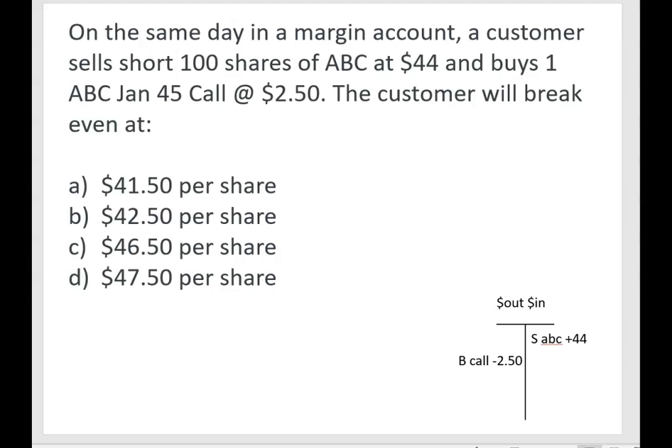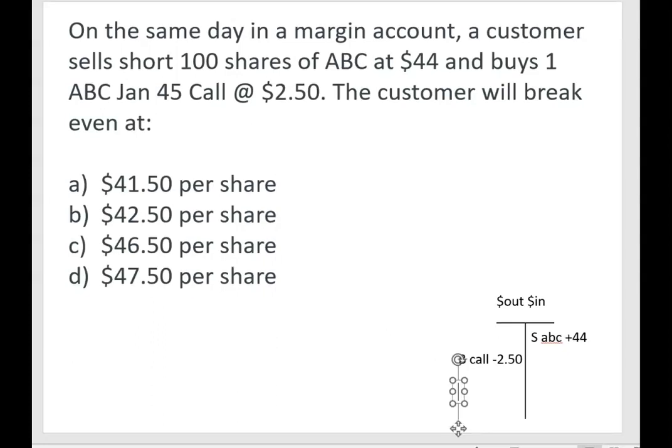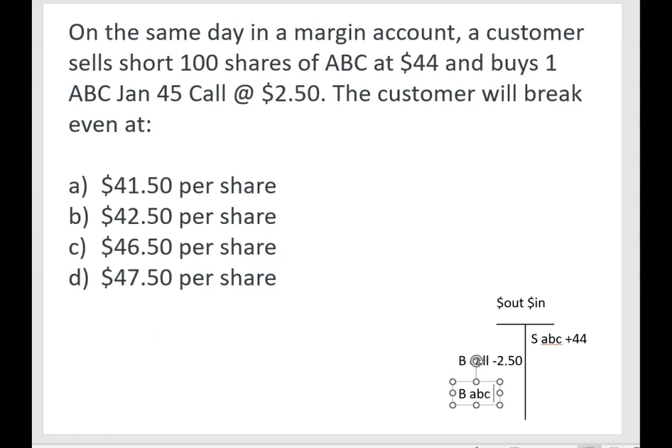Since he's up by $41.50 right now, if you were to buy ABC stock at exactly $41.50, then a total of 44 went out and a total of 44 came in. And therefore his break even is 41.50.